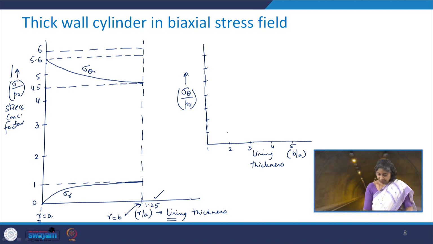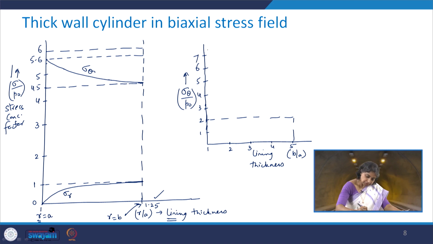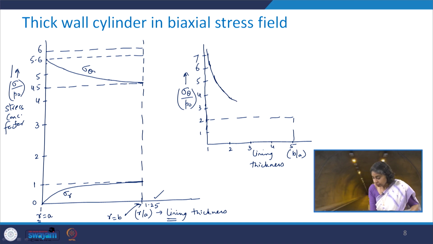So, basically this will be something like this. So, the variation in this case will look like this with reference to the lining thickness, which is B by A.